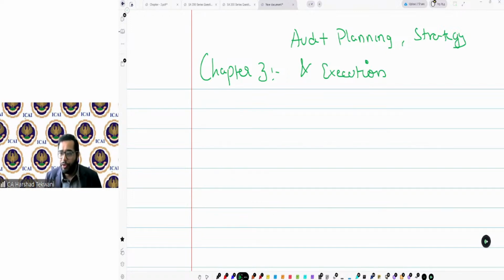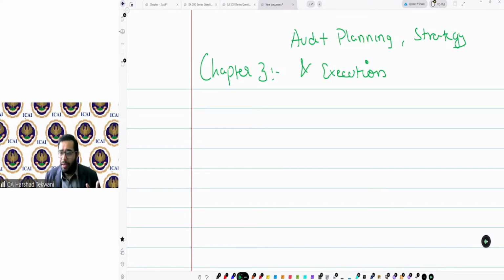Then comes the audit execution. How to execute the audit? What are the things that we need to do? We may need to rely upon the other auditor. We may need to rely upon the work of internal audit. We will go to SA 600, 610, 620, using the work of an expert. That we will understand with respect to the execution part.